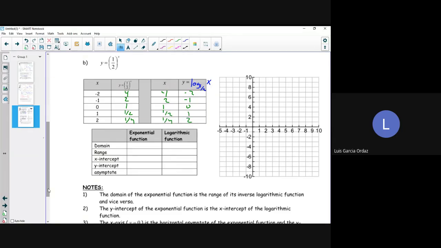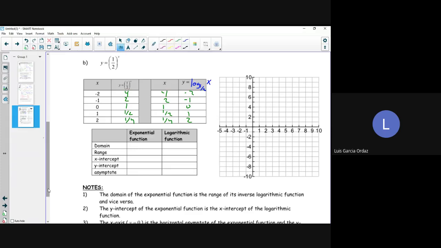All right, so basically, without even graphing it, would the domain and range be the same as the example? Would everything in the chart be the same as the example above? So everything, thank you, Adam, everything in this chart would be the same information as we used from the example above.